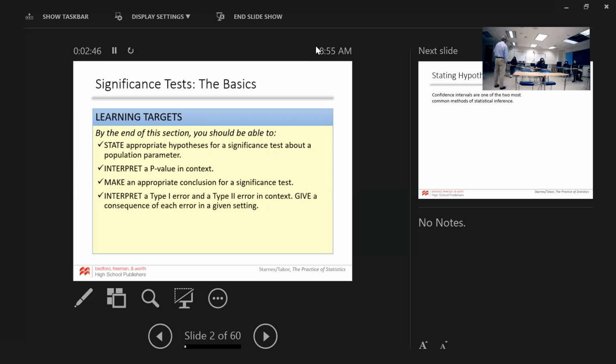You listening? The p-value, you write this down. The p-value is the probability of getting a test statistic, which is what?